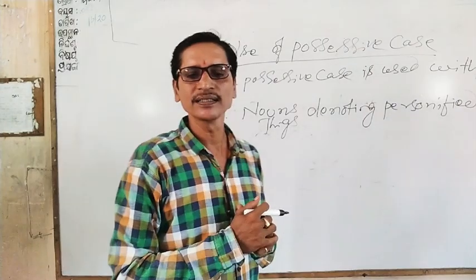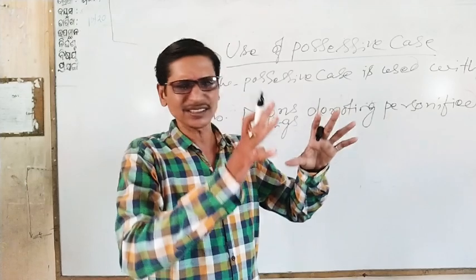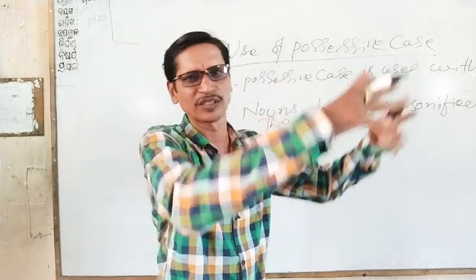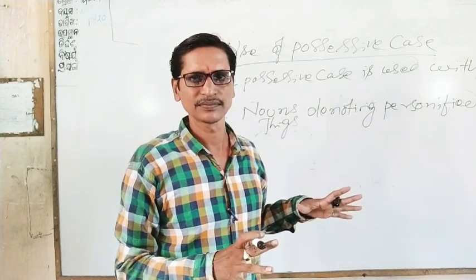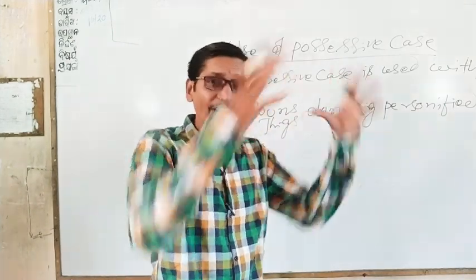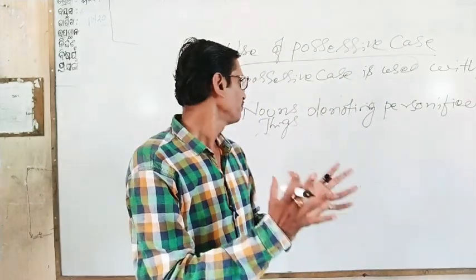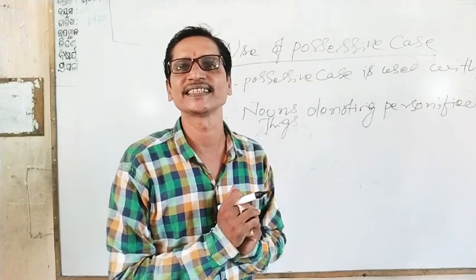Personified things means what? We have made them as persons. Symbolically we are talking about them. We are giving much stress on them, and we create a face. With that, we use possessive cases.